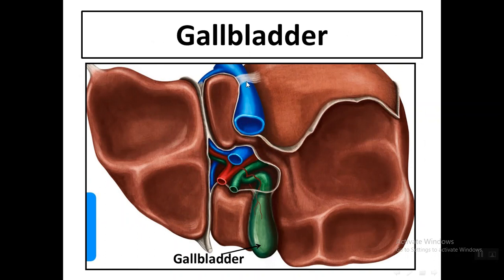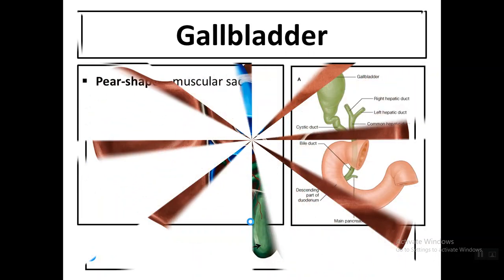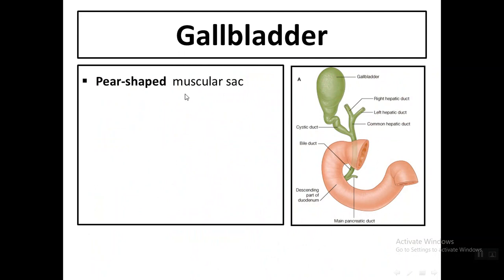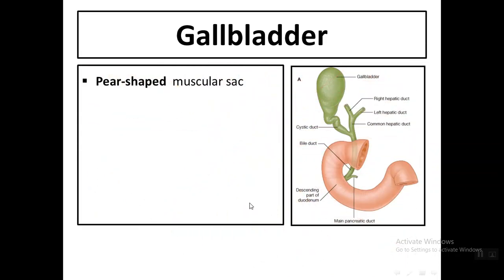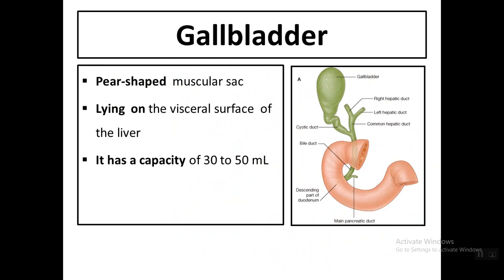The gallbladder is a pear-shaped sac for the collection of the bile after its secretion from the liver. It is a pear-shaped muscular sac lying on the visceral surface of the liver, the posterior inferior surface, and it has a capacity of 30 to 50 ml.